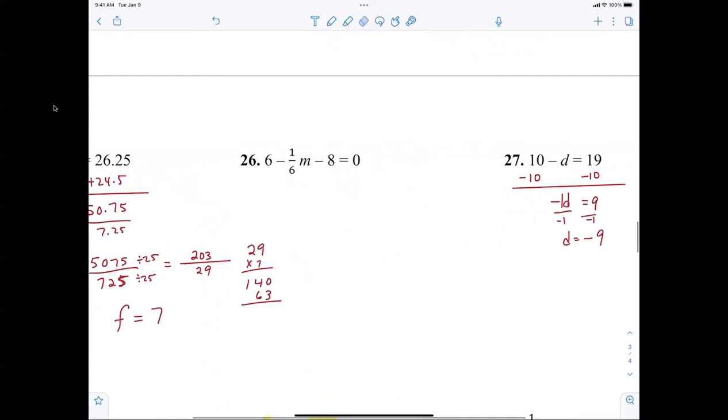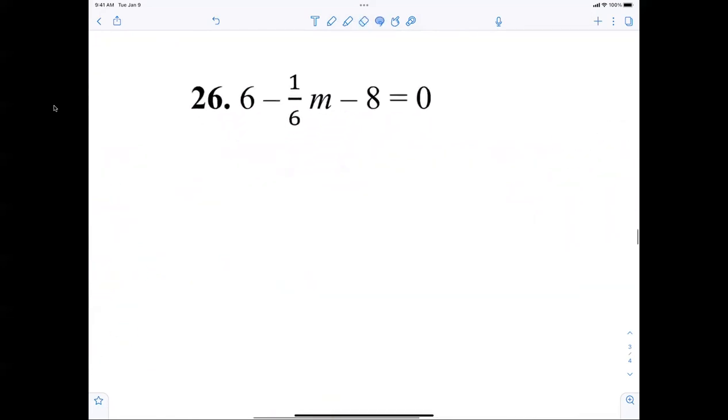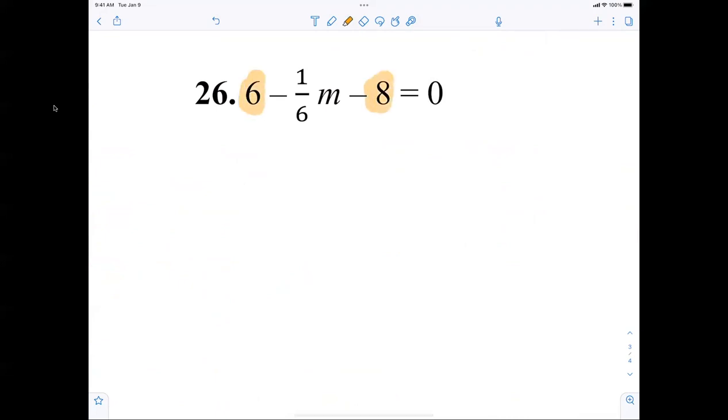Okay, so you would combine like terms. What terms are like? 6 and minus 8. So what's 6 minus 8? Negative 2. You're awesome. So that would be negative 1/6 m minus 2 equals 0.